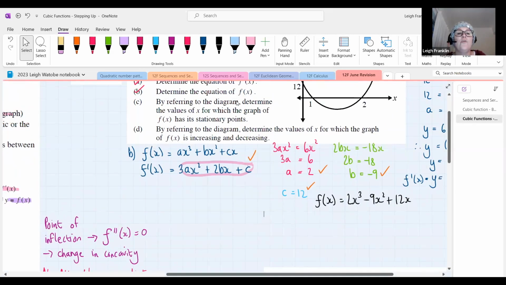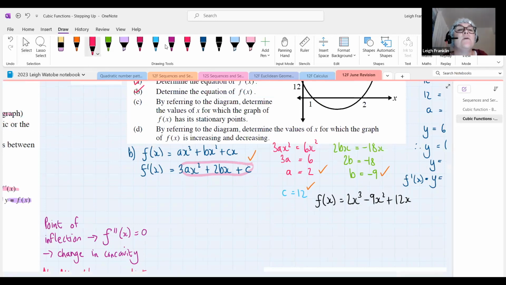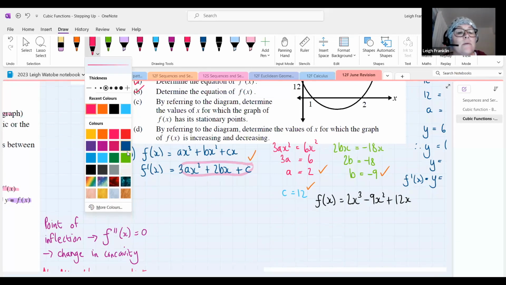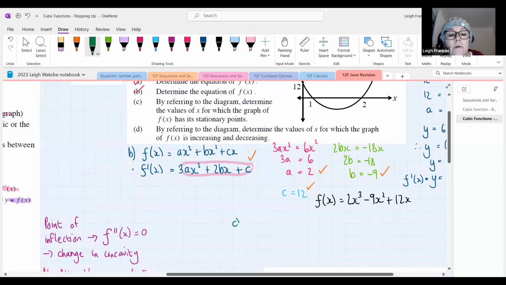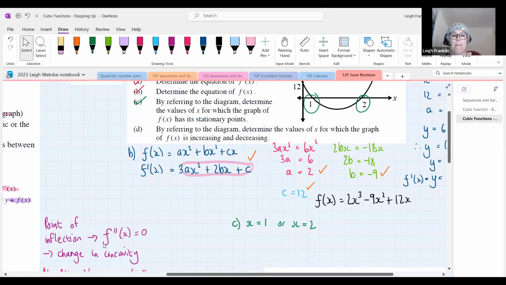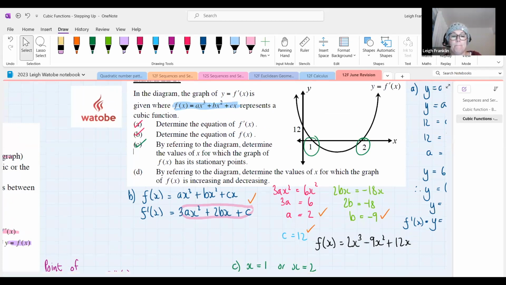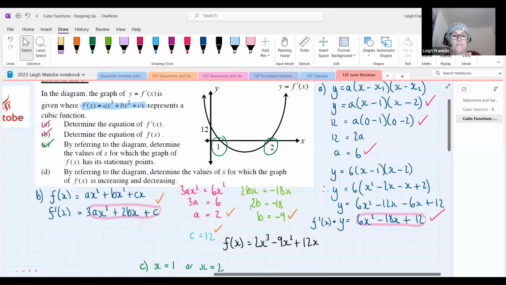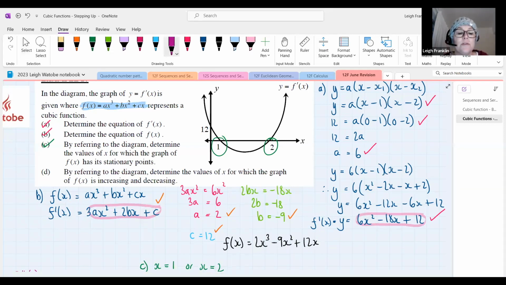So the turning points on f of x are going to be where x equals 1 or where x equals 2, because these were our x-intercepts on our first derivative. Everybody happy with that? Any questions? Okay, so that would be 2 marks.